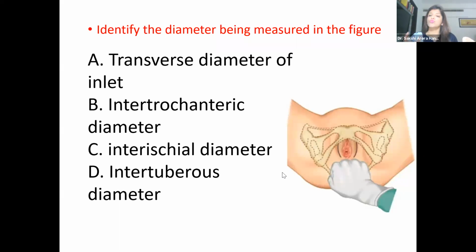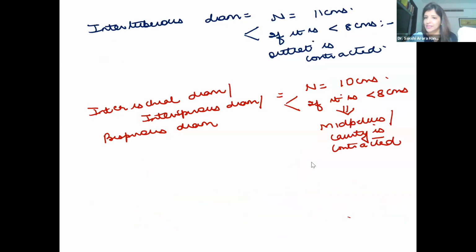Now, when it comes to mid pelvis or cavity, then comes a very, very important diameter, and that is the diameter between the two ischial spines, right? Which is called the interischial diameter, or the bispinous diameter, or the interspinous diameter, right?